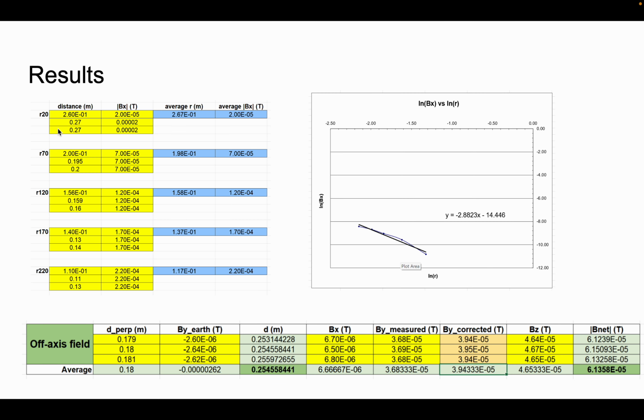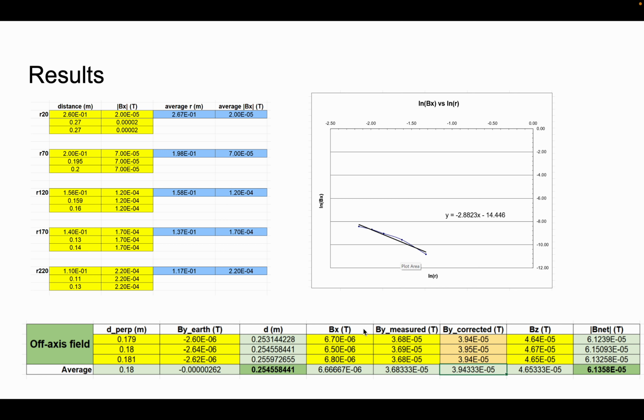And so this first part, as you can see, we measured the distances it took to generate a magnitude of 20 amps per meter squared, 70, 120, 170, 220, and plotted the natural log of the magnitude of the magnetic field versus the natural log of the distance along the parallel axis.